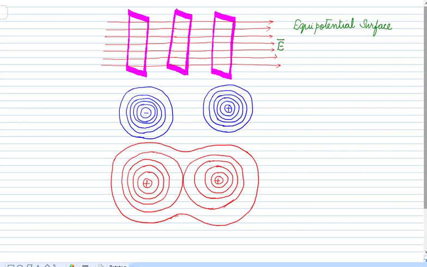If the electric field lines are shown in this way, then what will be the equipotential surface? Equipotential surfaces are simply drawn with this pink color, as you can see. At each point the electric field is the same, and the potential is also the same. So we call this an equipotential surface.